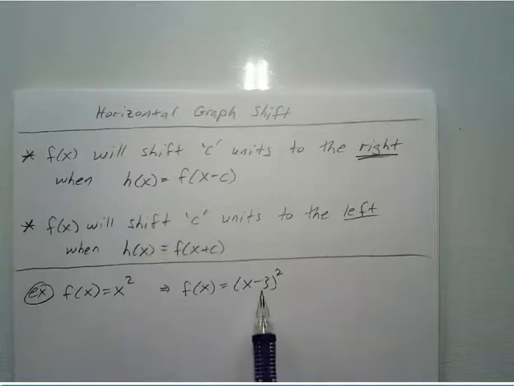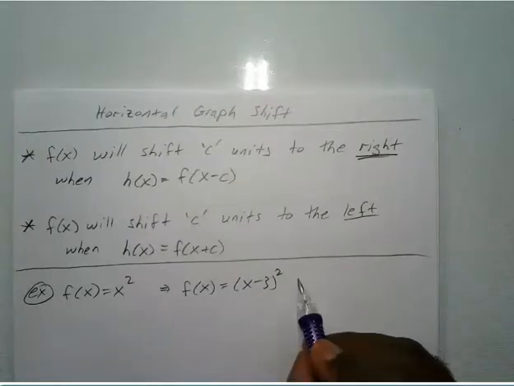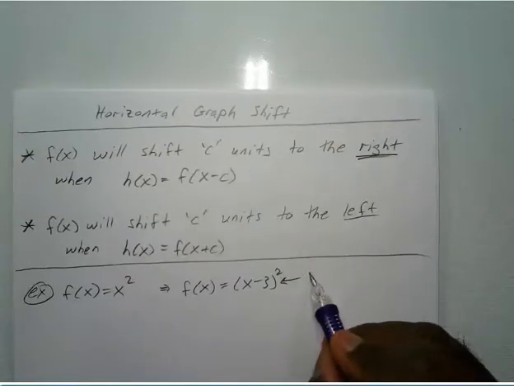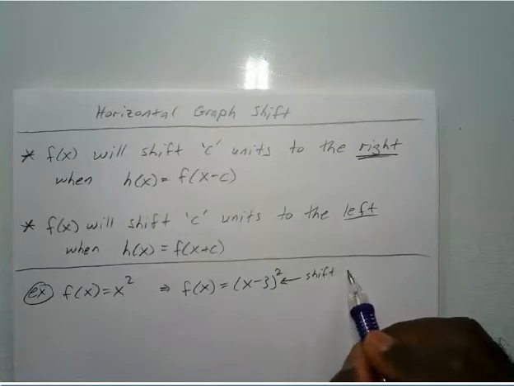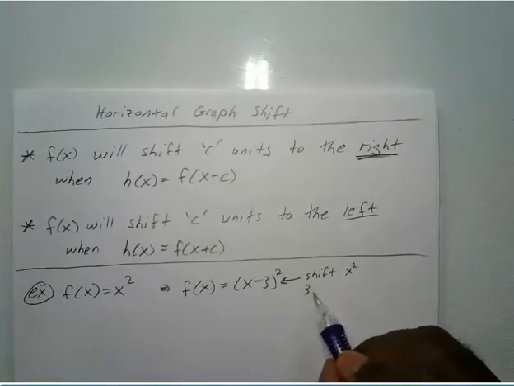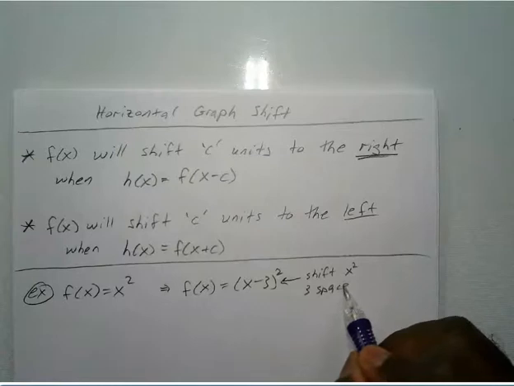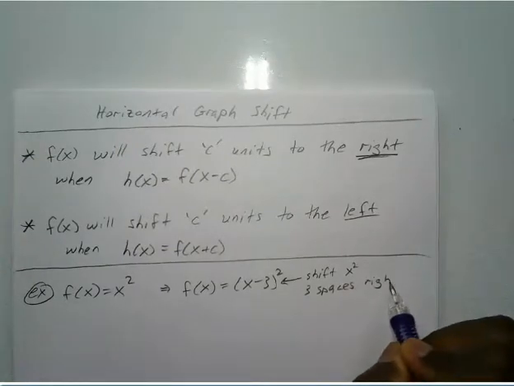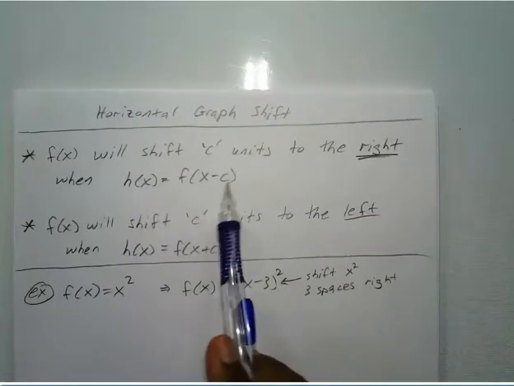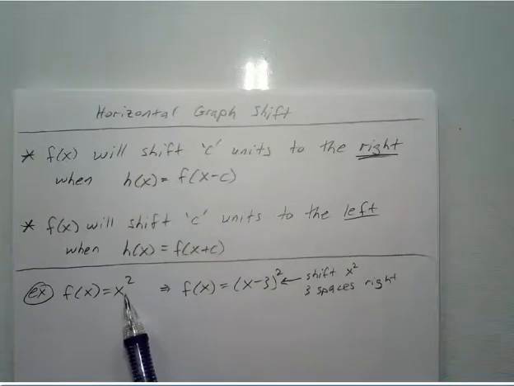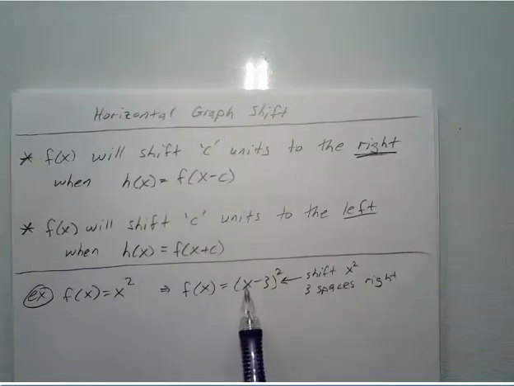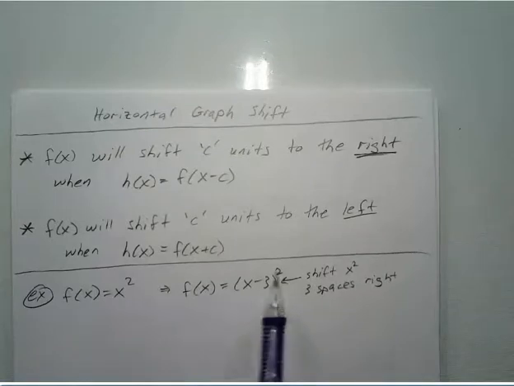Then we're going to shift it 3 spaces to the right. Shift x squared 3 spaces right. Remember, that's f of x minus c. Okay, so that's x squared, that's x minus 3 squared. So that's x minus some value c squared.